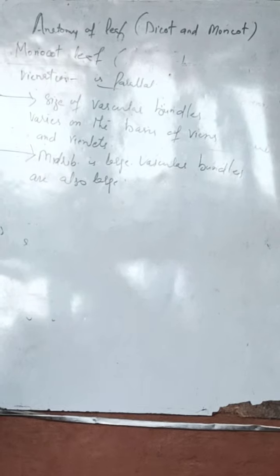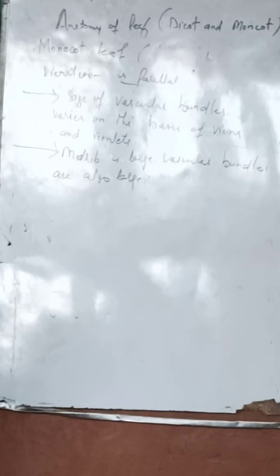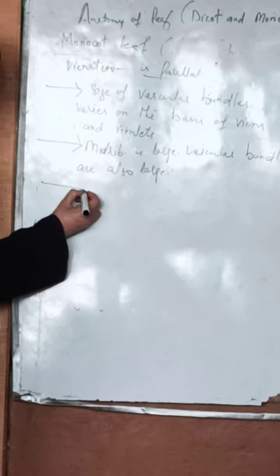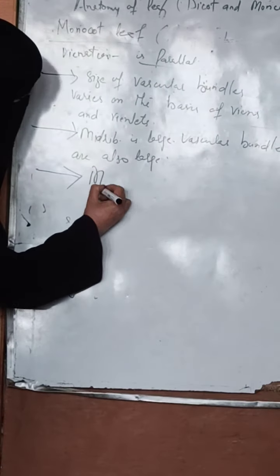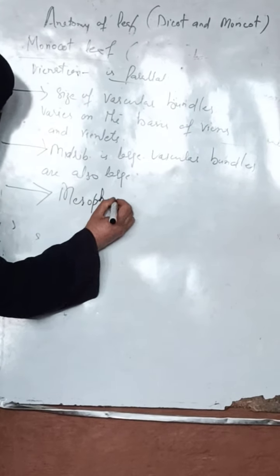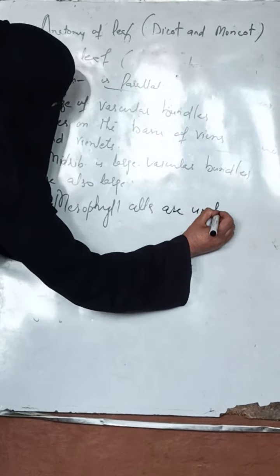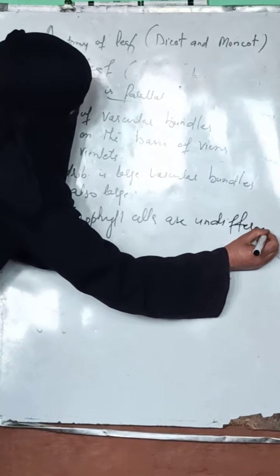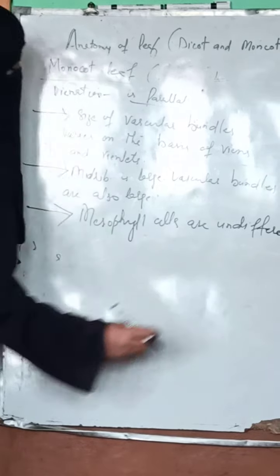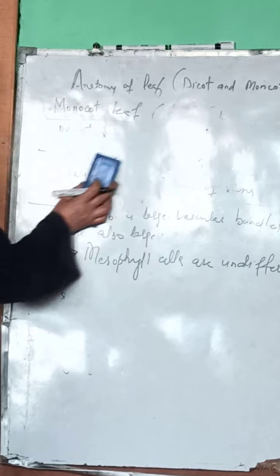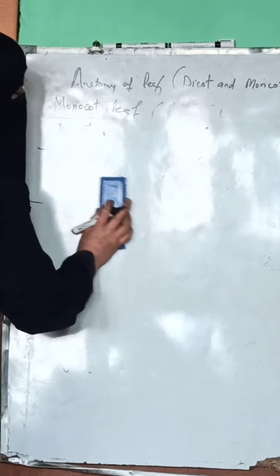Now I had told you these mesophyll cells are not differentiated into palisade and spongy. So in case of monocot leaf, we can write here, mesophyll cells are undifferentiated. For example, I will draw here the structure of monocot leaf.